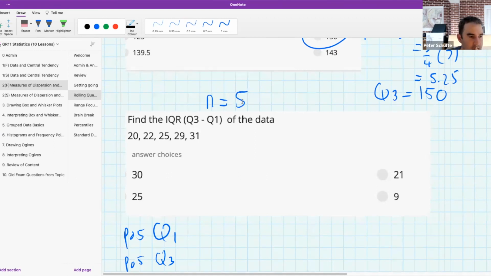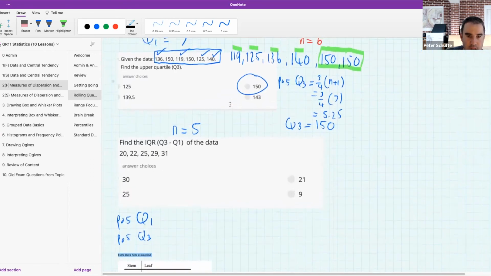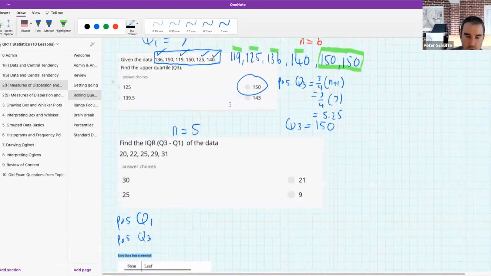Mr. S, Nolutando is asking if you could please repeat why Q3 was 150 in the previous question. Okay. So, Nolutando, if you look at the way I found my Q3, I started by doing what's called the position calculation. So I went Q3, the position of that is 3/4 times n plus 1.